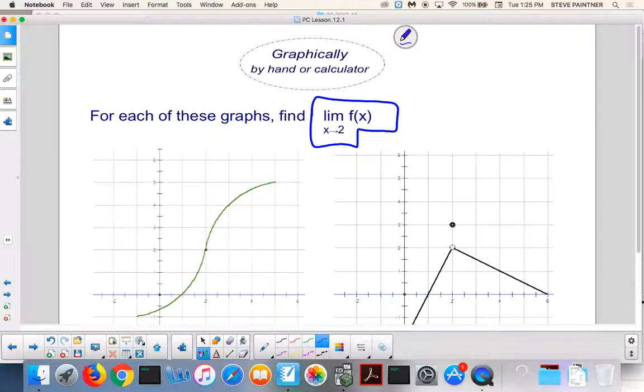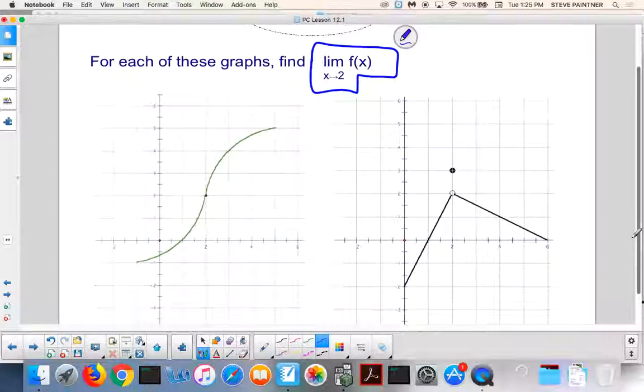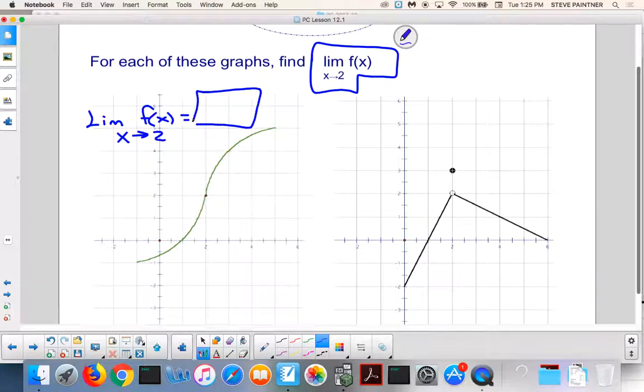What's the limit of your function as x approaches 2 on both graphs? John, what do you think about this one? Do you have the limit?